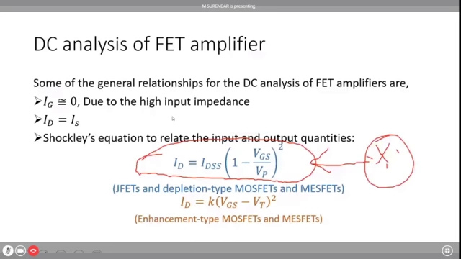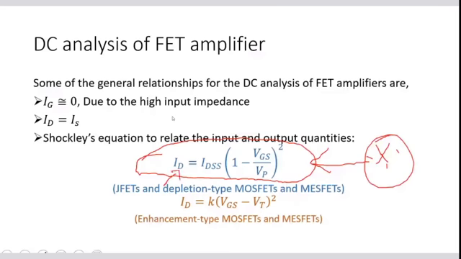ID is the drain current, IDSS is the drain to source saturation current, that is the maximum current it can reach, and VGS is the gate to source voltage. VGS is the only variable here, and VP is the pinch-off voltage. This is a constant, and this is also a constant.